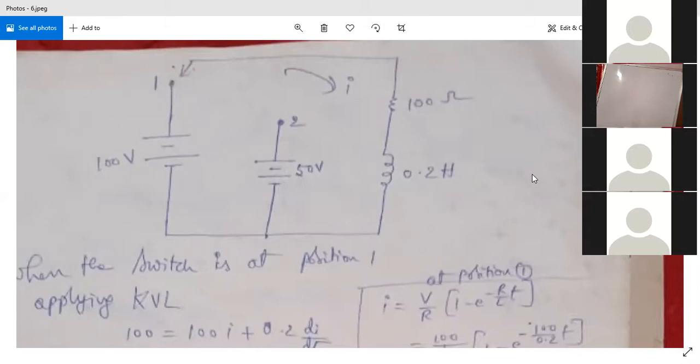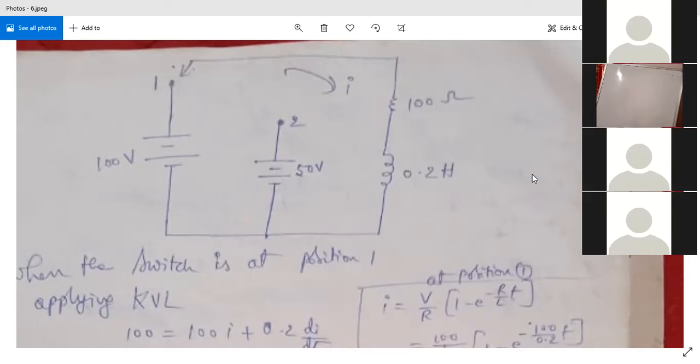Take down a question. In the series circuit shown in figure, the switch is closed on position 1.